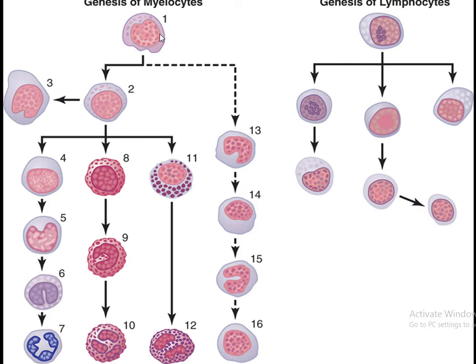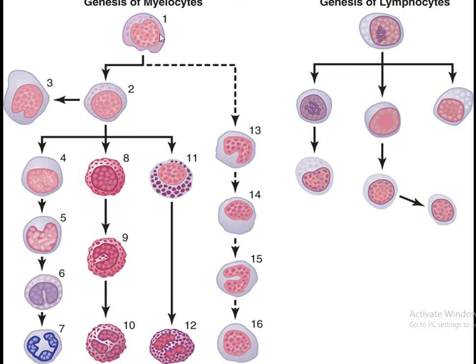Then we have eosinophil and eosinometamyelocyte. Then on number 10 polymorphonuclear eosinophil, then basophil, and on the 12th we have polymorphonuclear basophil.